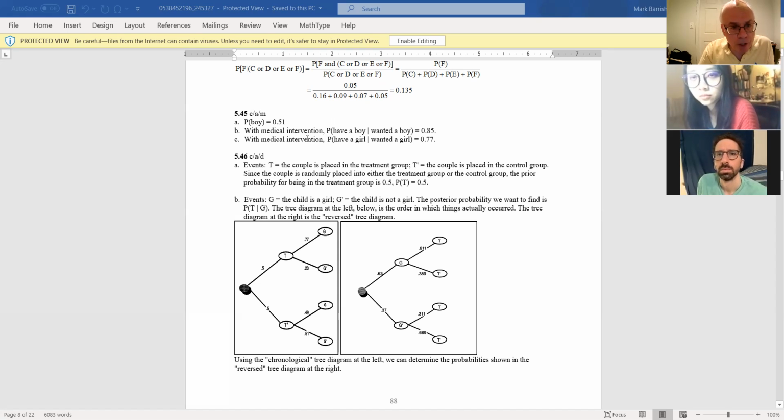It says with this intervention, the probability of having a boy, given they wanted a boy, is 0.85. That's the way they wrote it, which makes sense. And then the probability of having a girl, given that they wanted a girl, is 0.77. So they created two other variables, wanting a boy and wanting a girl.